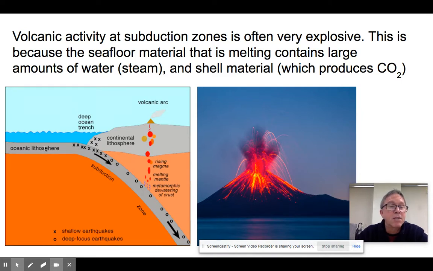And those pelagic sediments are primarily made out of calcium carbonate shells. Well, calcium carbonate is CaCO3, and that breaks down under heating into CO2, which is a gas. So we also get a lot of carbon dioxide gas. So those are the reasons why we expect subduction volcanism to be much, much more explosive, because of the presence of water vapor and carbon dioxide from the ocean sediments.